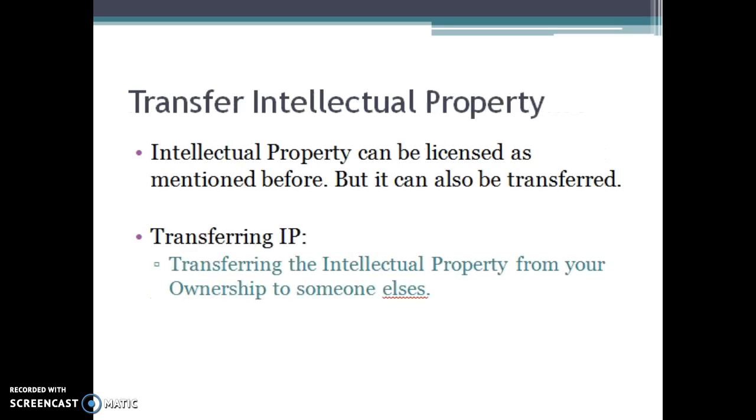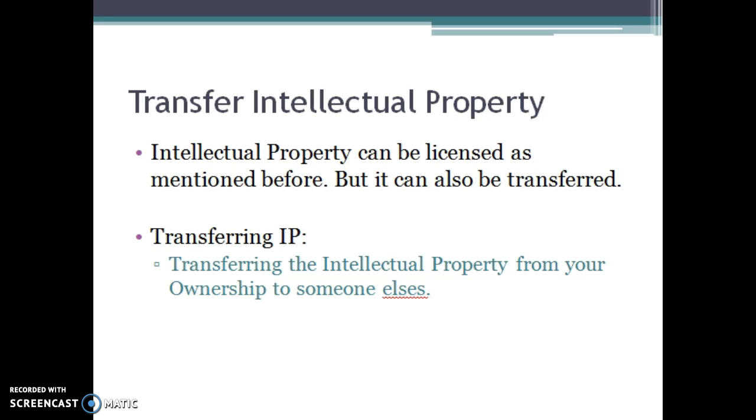And lastly, transfer of intellectual property. I didn't talk a lot about this because it's pretty simple, and it's just in contrast with licensing. But basically, intellectual property can be licensed, as mentioned before, which means that you maintain ownership of that intellectual property, but it can also be transferred out.